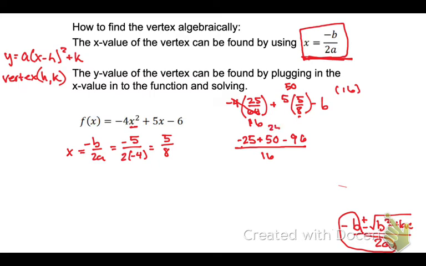Wait, why is it the 6? Because you've got to get common denominators. Okay, so negative 25 plus 50 is 25, minus 96 is negative 71 over 16.